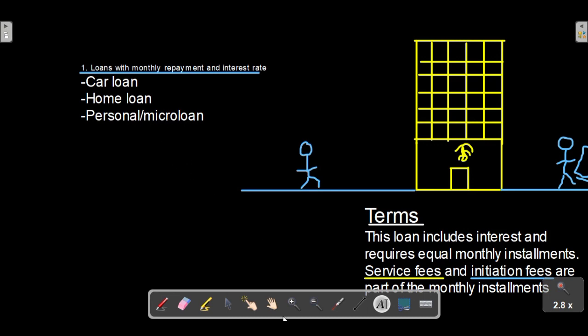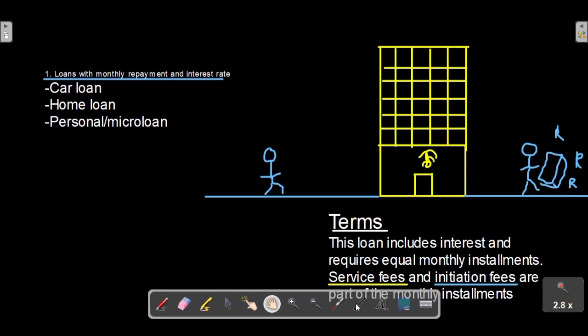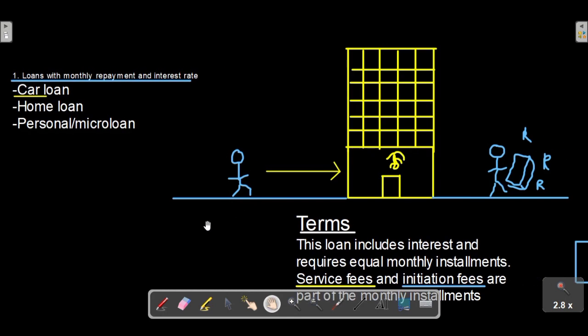Let's say you need a car, so you head to the bank. Banks offer loans, and that's the primary way in which they make money. That's how they generate income, by lending people money.